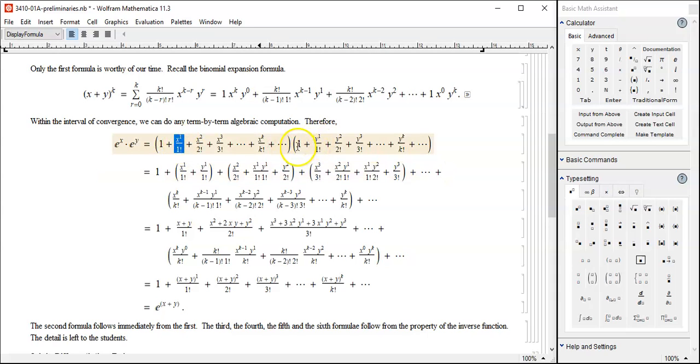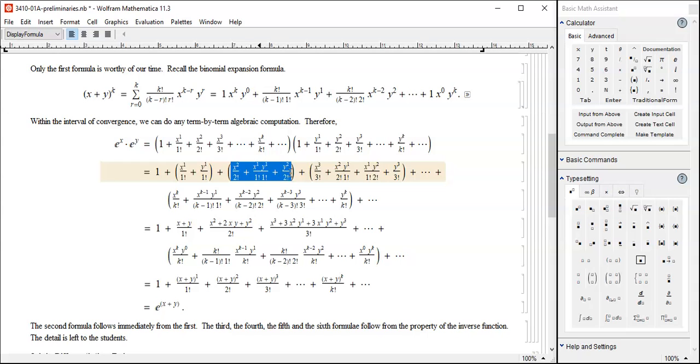First power times 0 power, 0 power times first power. So we get this. How do you get the second power? Second power times 0 power, first power times first power, and finally 0 power times the second power. So we get the second degree terms.